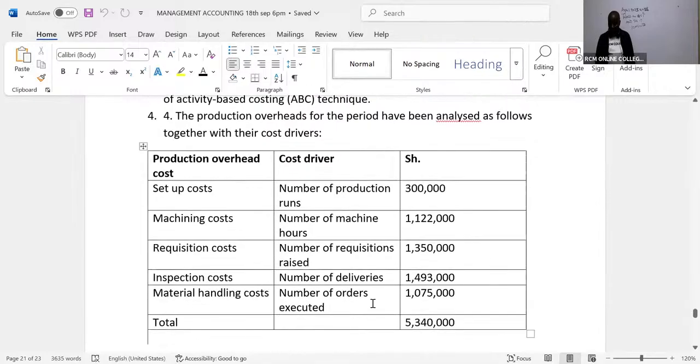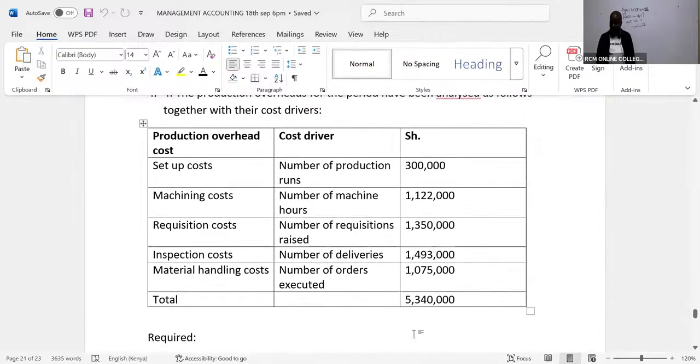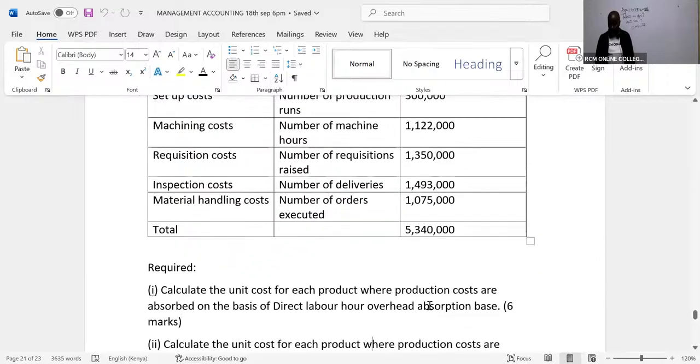And you can see the total overhead is 5,340,000. So Required 1 doesn't want us to use ABC. Required 1, they want us to calculate the cost per unit for each product where production costs are absorbed on the direct labor hour basis.